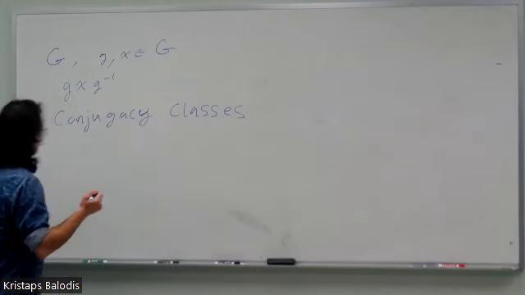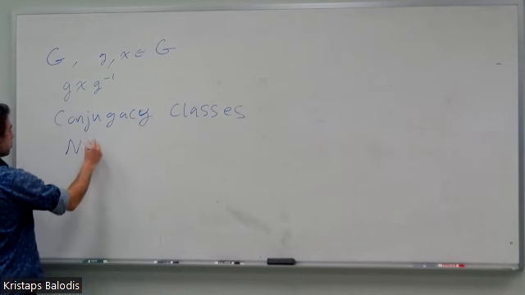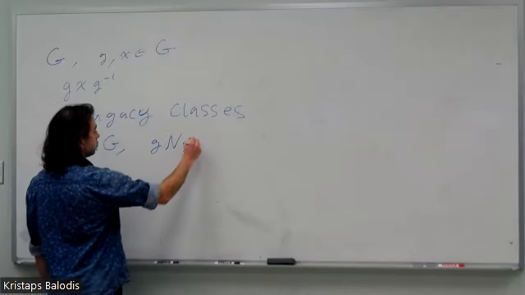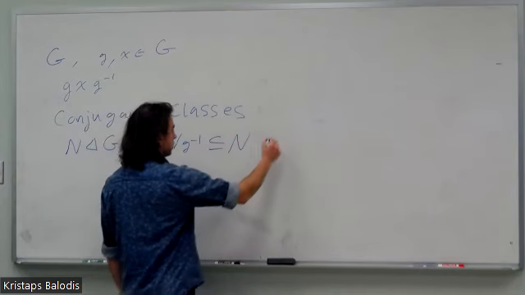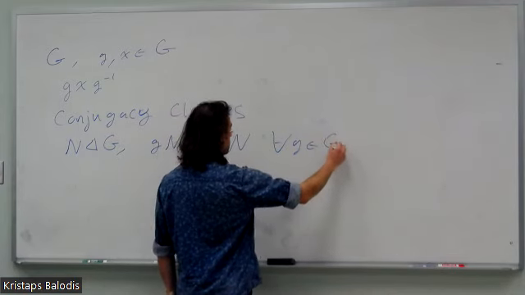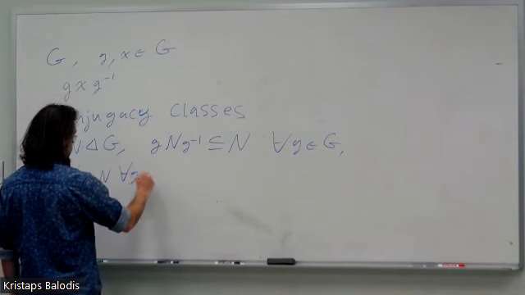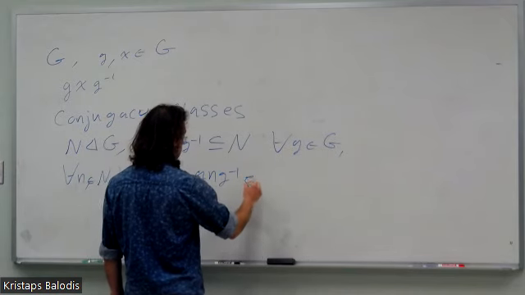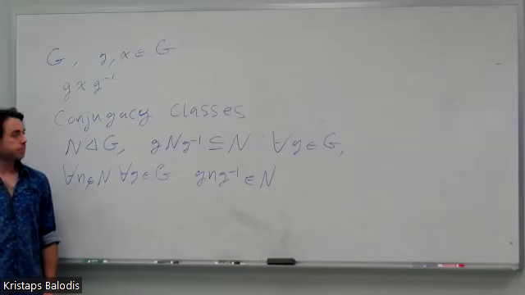In particular, remember the property of being a normal subgroup is exactly that gNg inverse is contained in N for all g in G. In other words, it's normal if for any n in N, and for any g in G, if you were to conjugate n by g, you would get something back in N, right? So it's closed under conjugation.